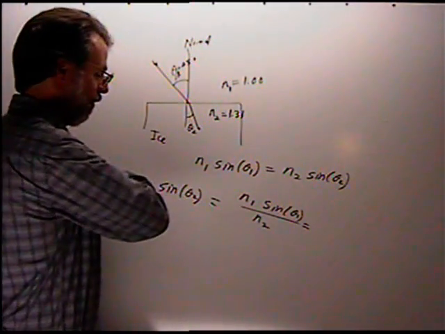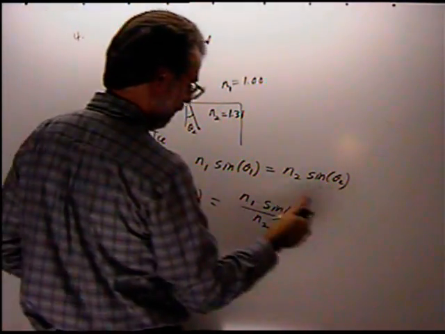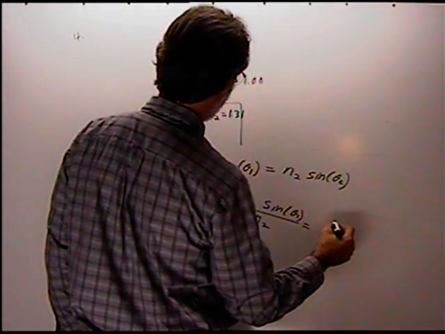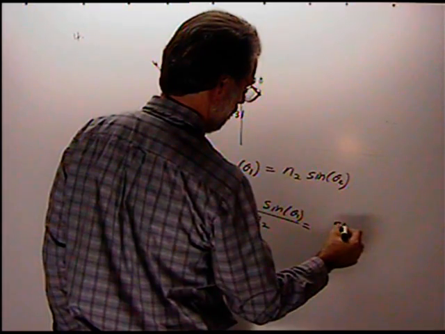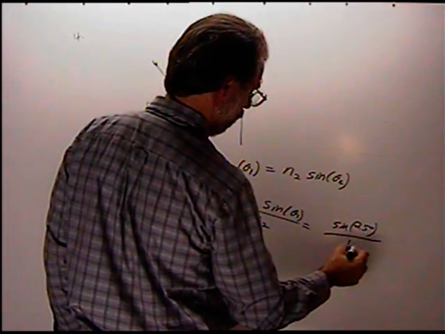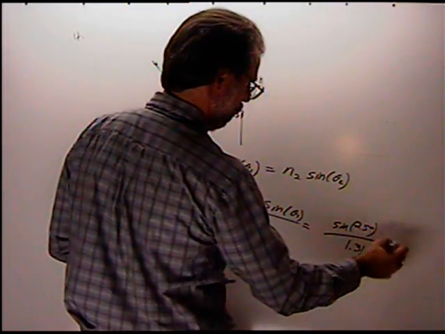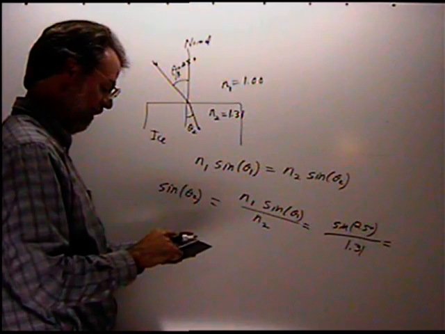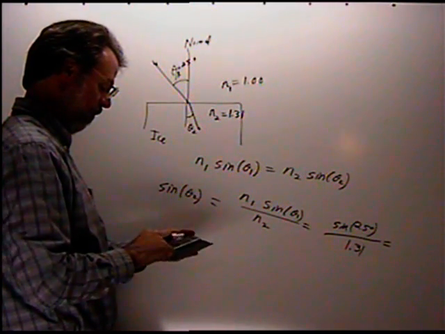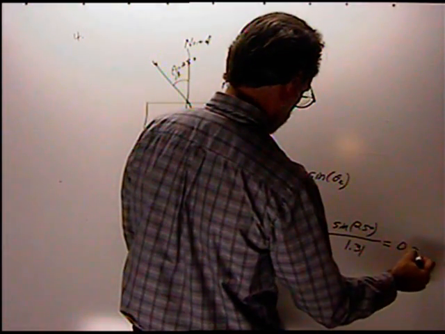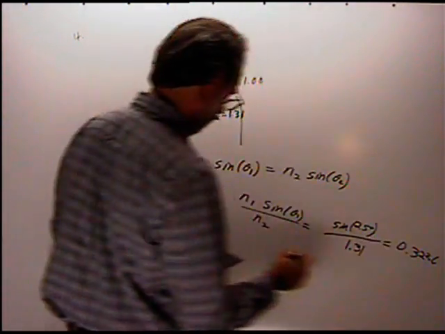So n1 is 1, so it would be the sine of 25 degrees divided by 1.31, which is 0.3226.